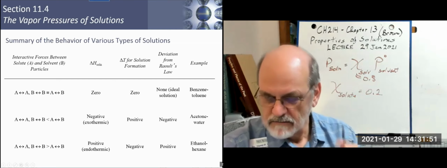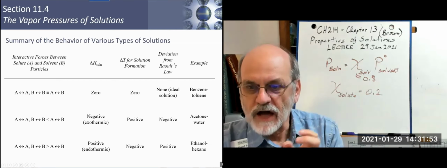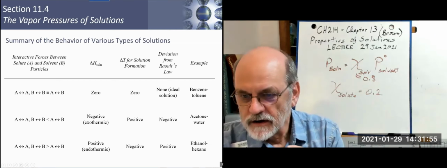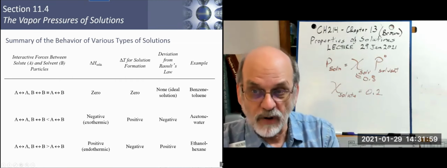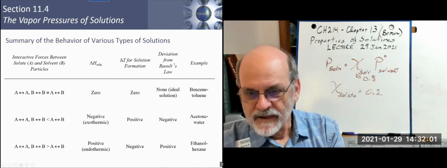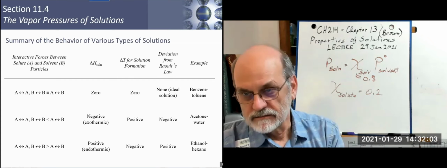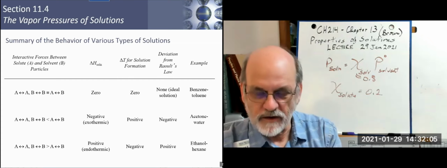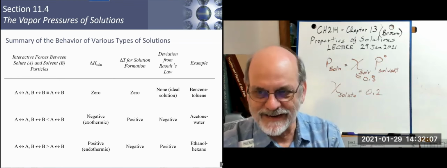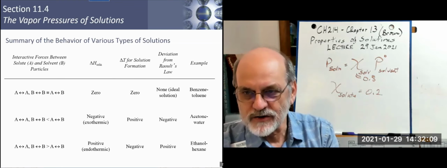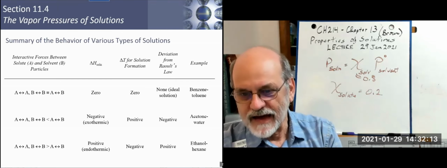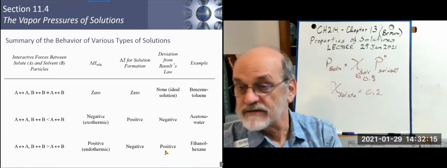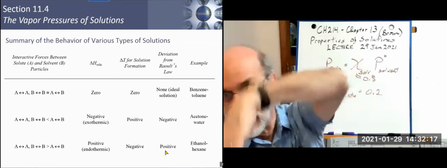There's still enough nonpolar characteristic of ethanol to make it soluble in hexane, because hexane is a nonpolar solvent. But they repel one another. Right? There's sort of a love-hate relationship. They attract enough to make solution, but they just as soon get away from each other. And that gives you a positive deviation, the upward bulge.